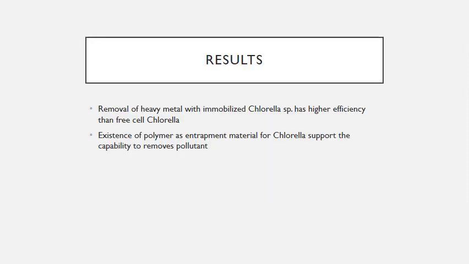So it shows that the removal of heavy metal with immobilized Chlorella vulgaris or other species has a higher efficiency than the free cell Chlorella. The existence of polymer as entrapment material for Chlorella supports the capability to remove the pollutant.